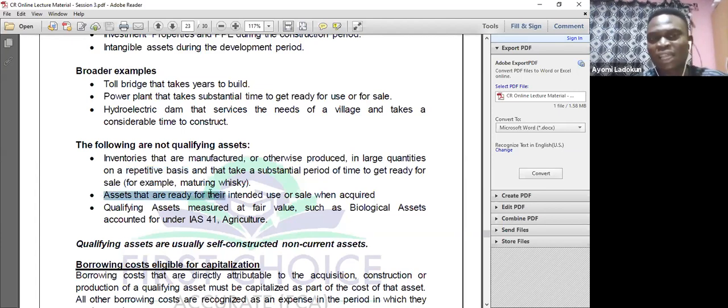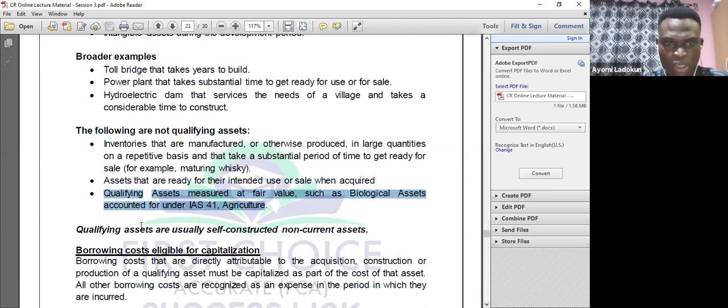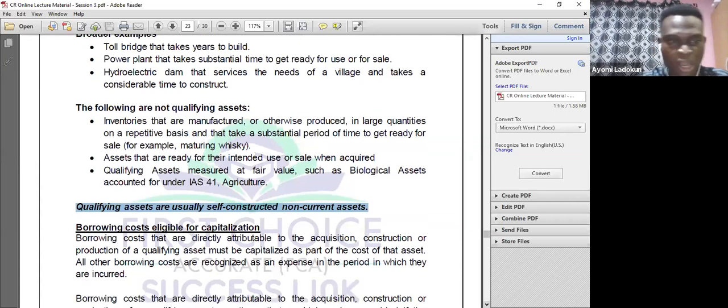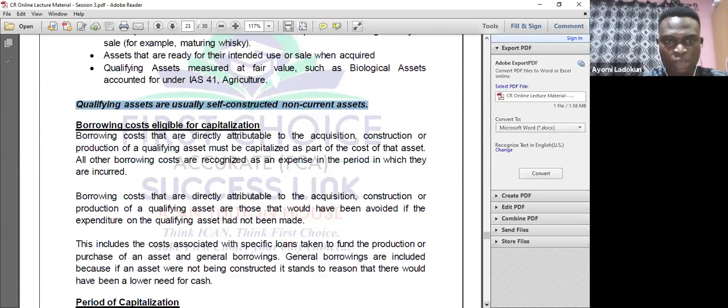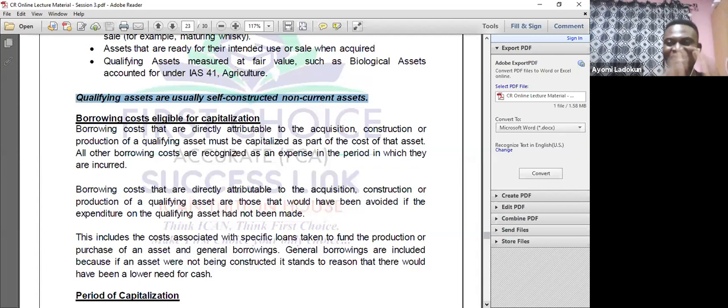Assets that are ready for their intended use or sale when acquired, they are already ready. Now, qualifying assets measured at fair value, such as biological assets accounted for under IAS 41, so they are not qualifying assets. So qualifying assets are usually self-constructed, non-current assets. So in practice, it has to be self-constructed. Now, this is the principle.